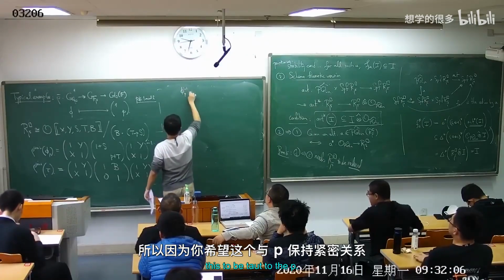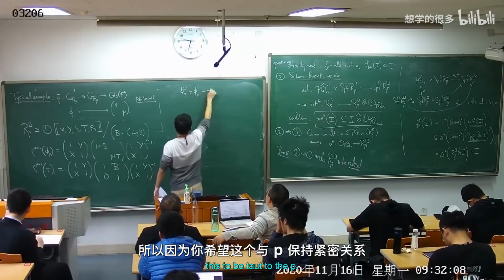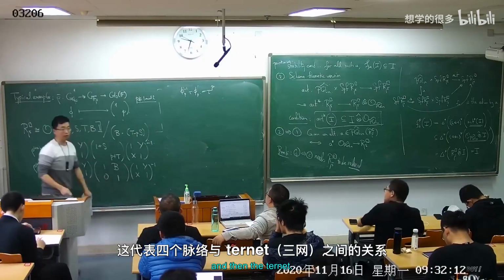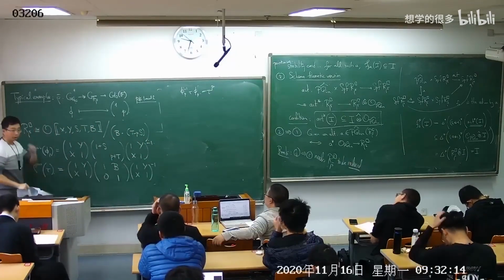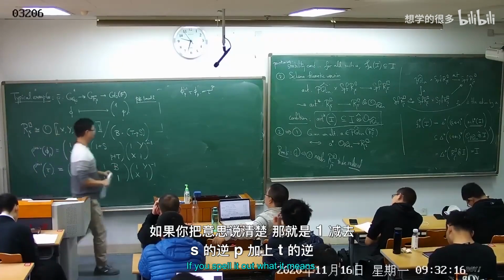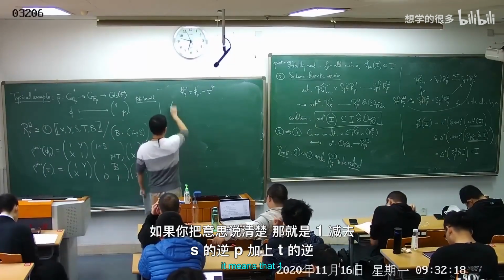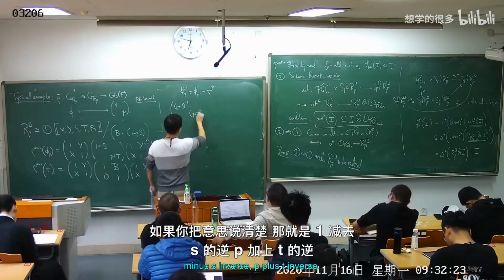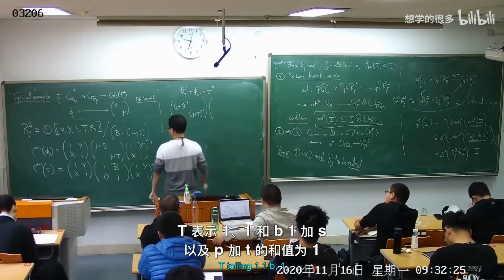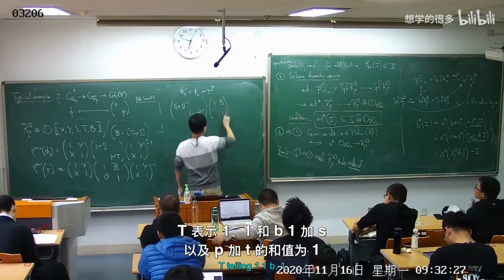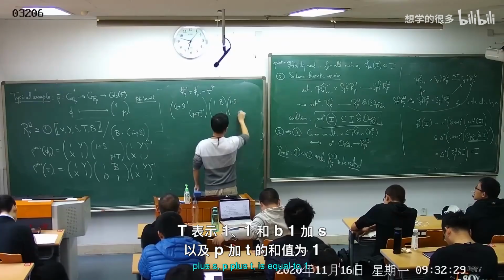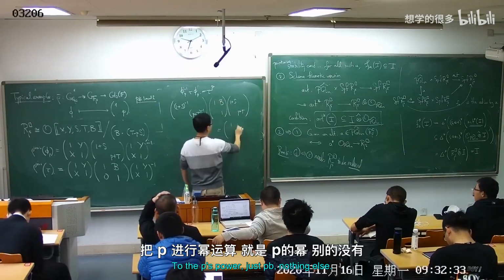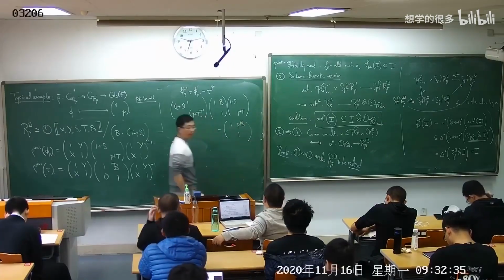Because you want this to be tau to the p, and that's a relation between the Frobenius and the tame generator tau. If you spell it out, it means that the conjugate of tau, which is (1, b; 1), by the Frobenius matrix with entries 1 minus s inverse, p plus t, gives tau to the p's power, which is just pb, nothing else.